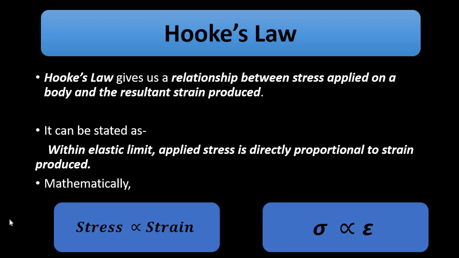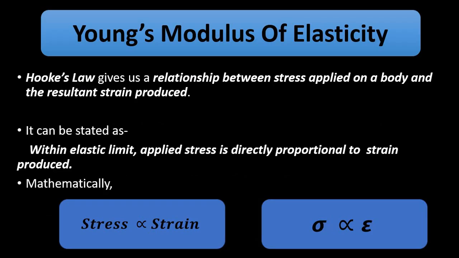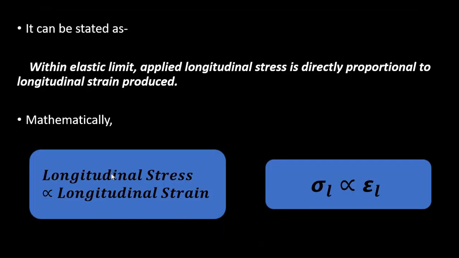Sigma is directly proportional to epsilon, and the ratio of these two parameters, that is the constant of proportionality, is the modulus of elasticity. Now Young's modulus of elasticity states that the longitudinal stress is directly proportional to longitudinal strain, within the elastic limit.